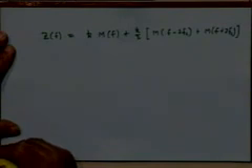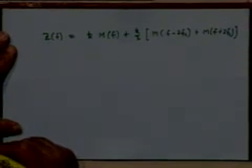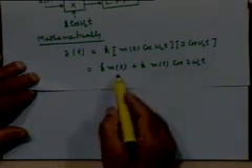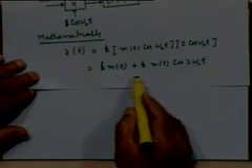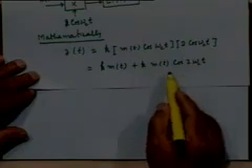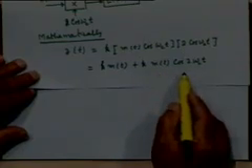I hope this is understood. This part is k times M of f. The Fourier transform of this part is M of f minus 2fc plus M of f plus 2fc.